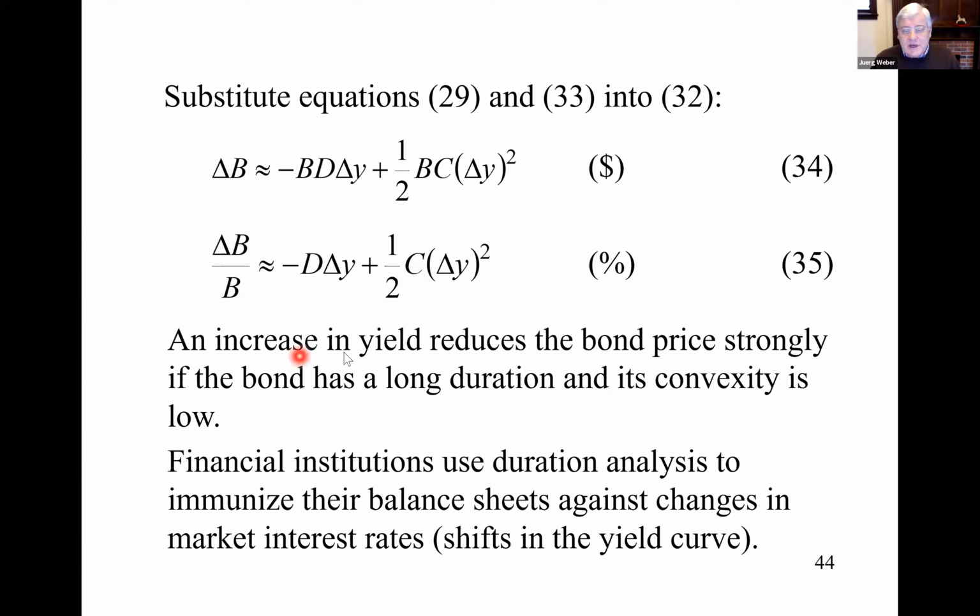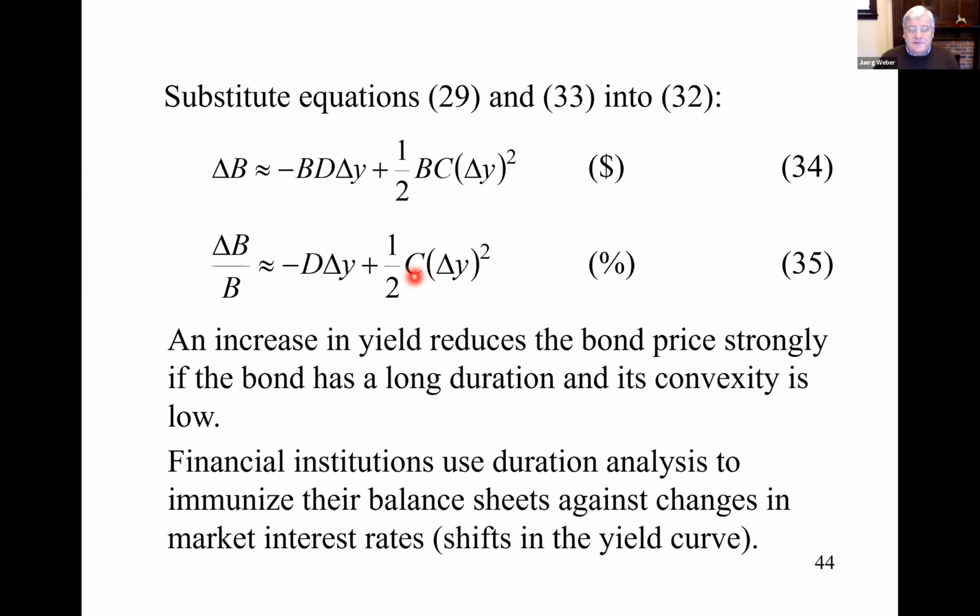So an increase in yield reduces the bond price strongly if it has a long duration. If D is a long duration of the bond, then we have this negative effect that's strong. And the convexity, if the convexity is low, so if that's a small term here, you see the convexity actually offsets this first effect.